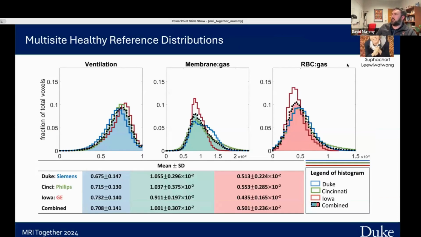A grad student in our lab, Supachart Liwiwang, has been working on describing what a pristine healthy reference, a distribution of image intensities, looks like across multiple sites on different platforms.